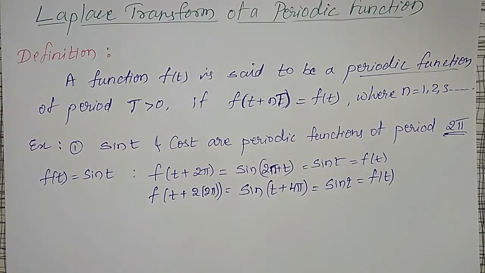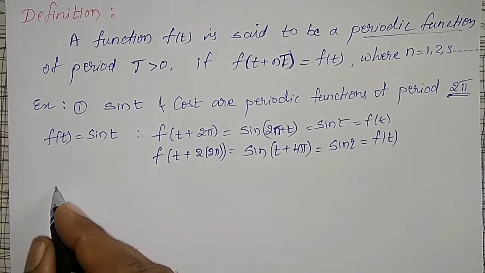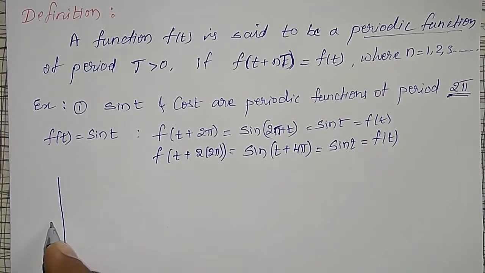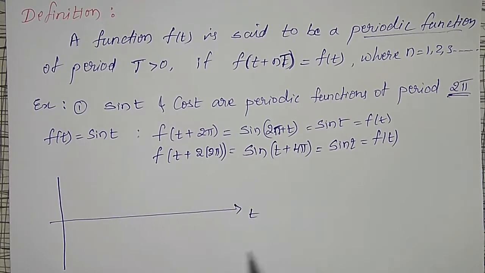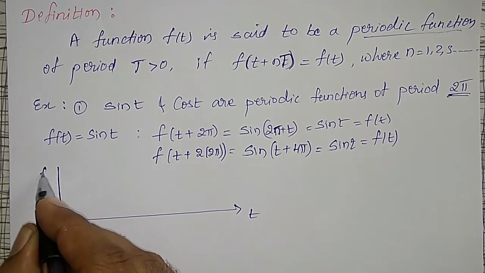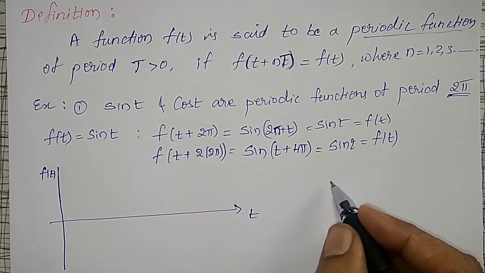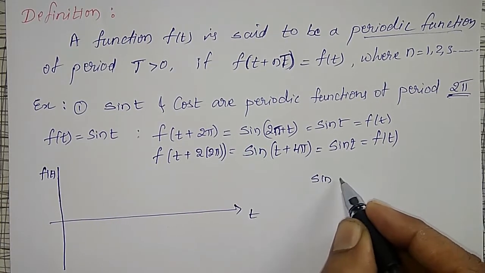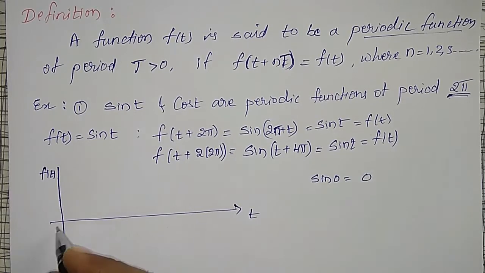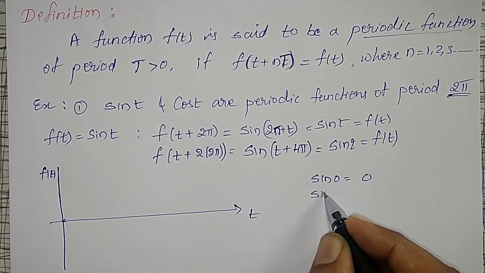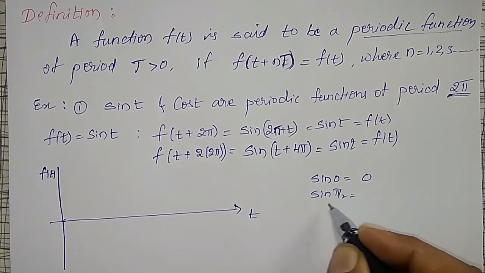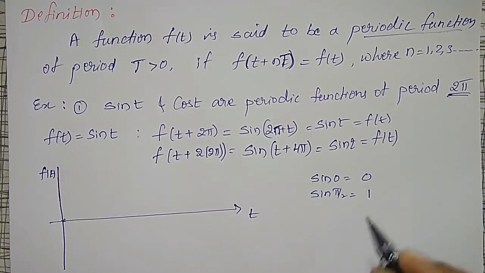Even graphically you can check that for a particular interval of time t, they are repeating the same thing. Say for example, let me draw the sin t graph here. This is my t, this is my f of t. We know that sine of 0 equal to 0, let me start here. Then sine of pi by 2, sine 90 degree, is equal to 1.